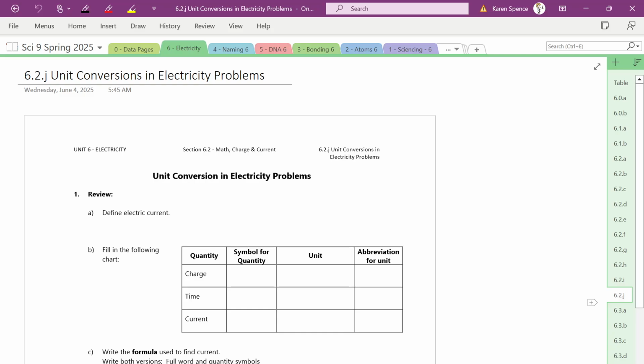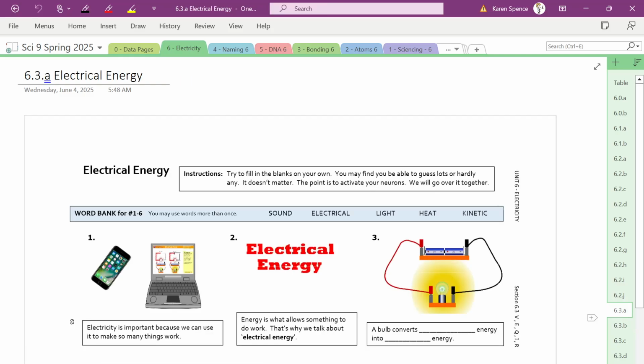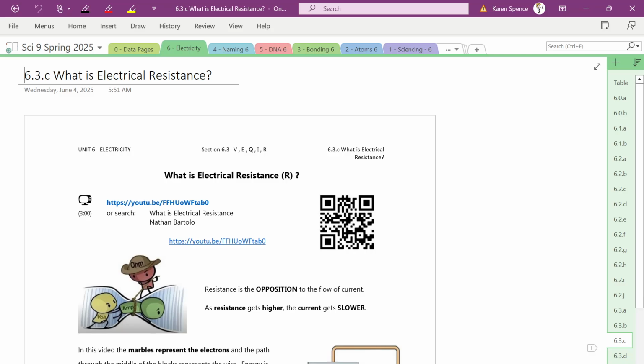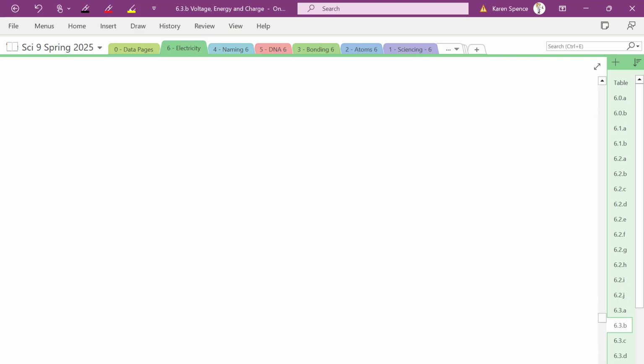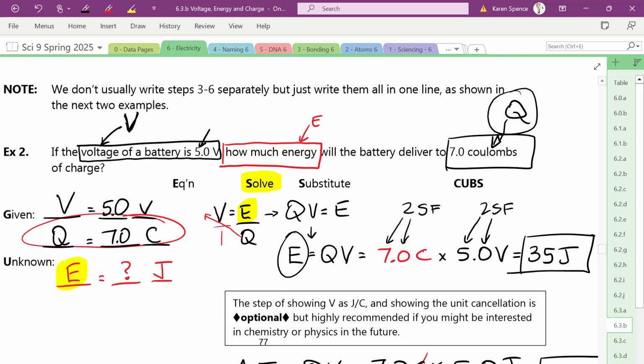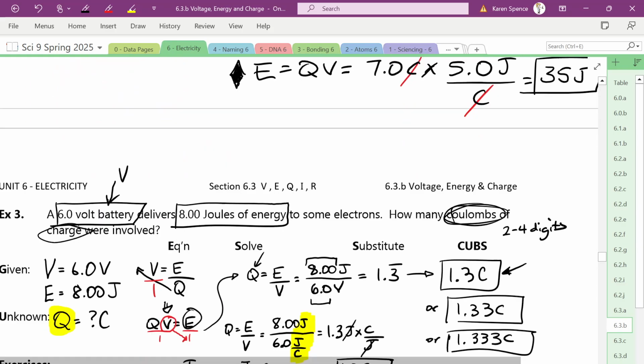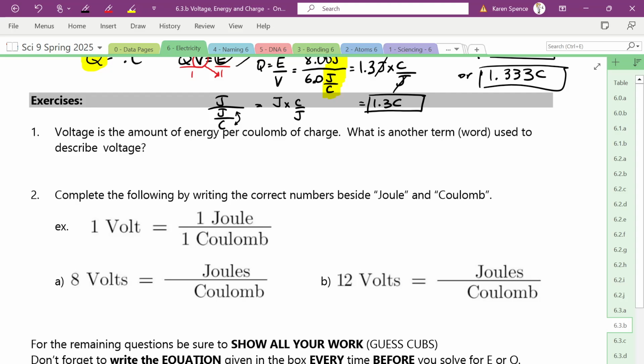Okay, so that's the enriched stuff. If you get bored of doing that, there's 6.3b. Is it 78? Yeah, 78.